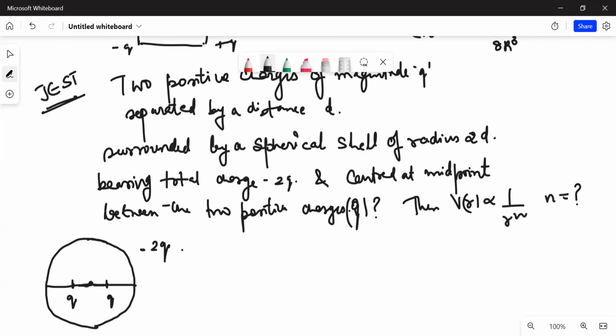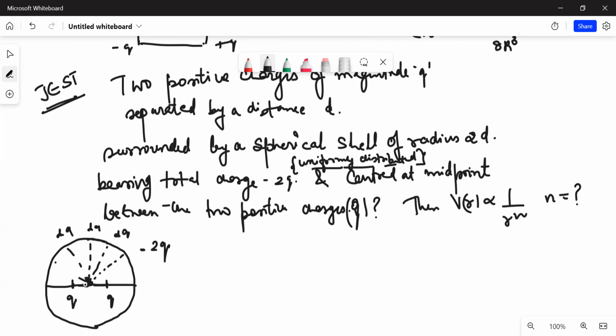This minus 2q, I think I've written it incorrectly, bearing the total charge minus 2q uniformly distributed. And even if it was not uniformly distributed, if it is uniformly distributed, then from the origin, this total minus 2q will be some dq, dq, dq, dq, dq.